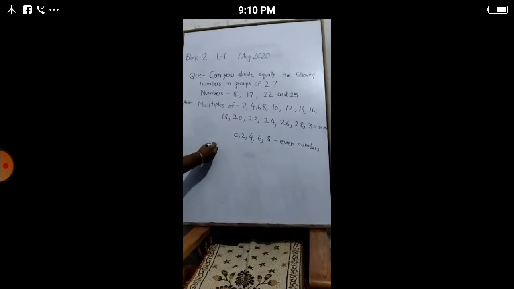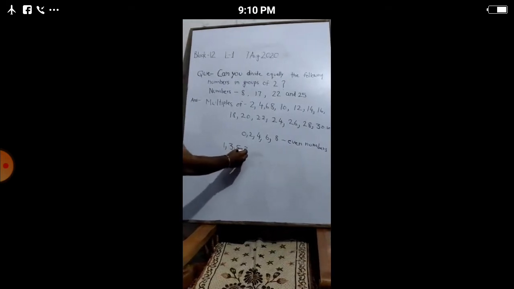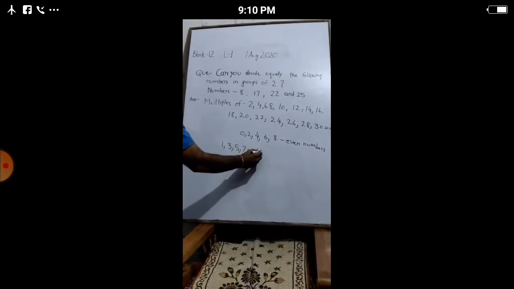These numbers are called even numbers. Those numbers that end with 1, 3, 5, 7 and 9 are called odd numbers.